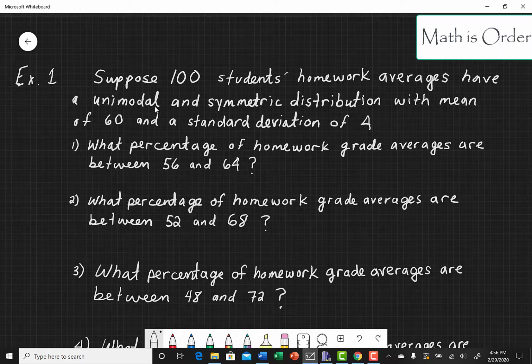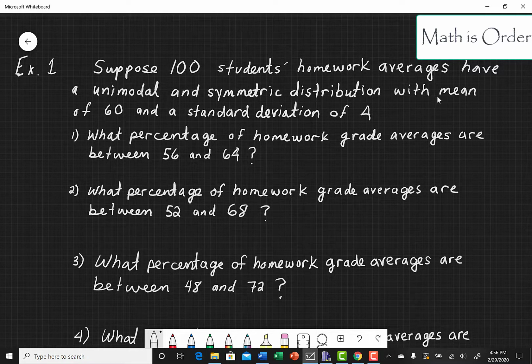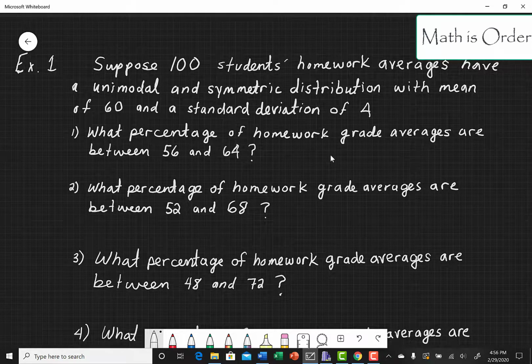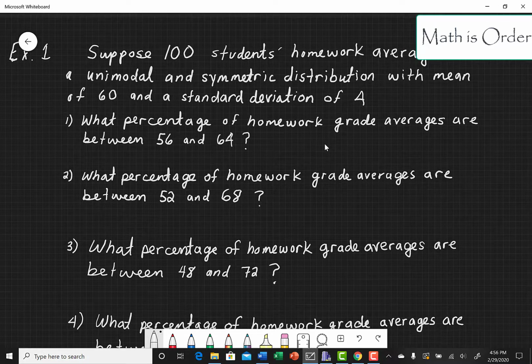Because the distribution is unimodal and symmetric, we can apply the empirical rule. The mean is 60 and the standard deviation is 4. So the very first step is to apply the empirical rule.